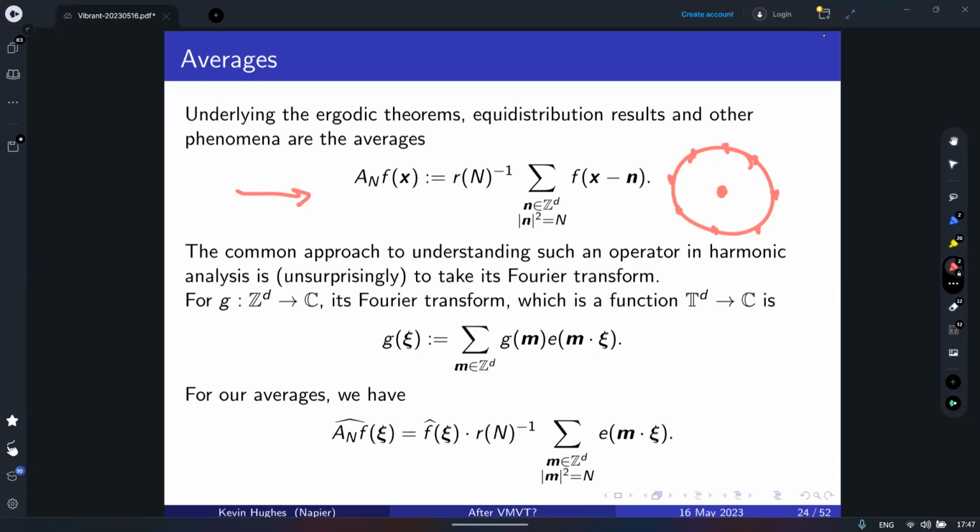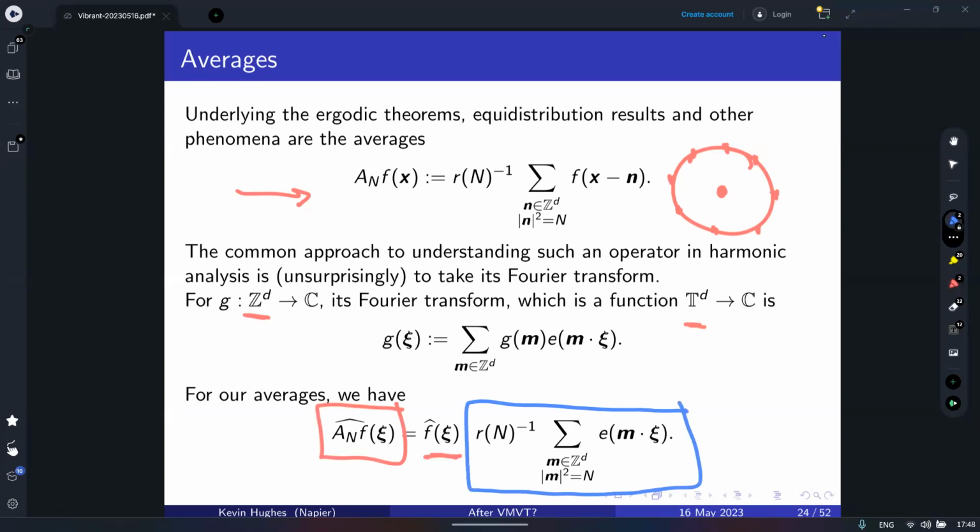When you look at this Fourier transform, you start with a function on Z^d, and that Fourier transform is a function on the dual group, the torus T^d. Basically, I plug in my function, apply the operator, and take its Fourier transform. That looks like the Fourier transform of the original function times an exponential sum that's been normalized by its number of points.